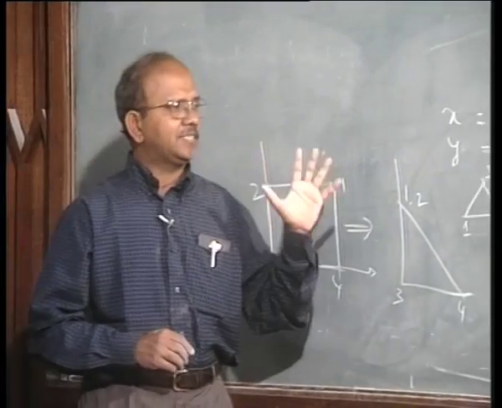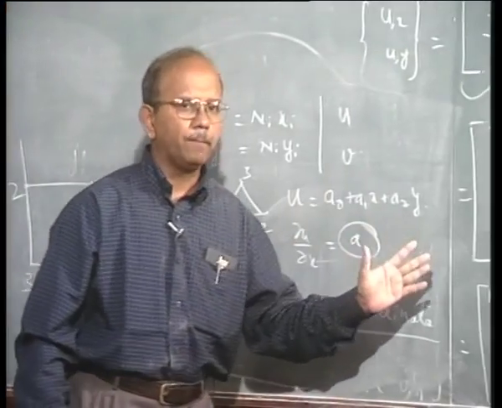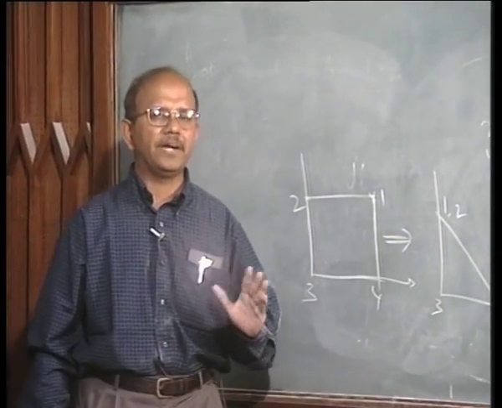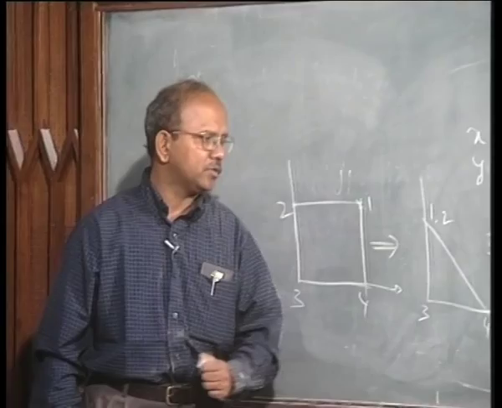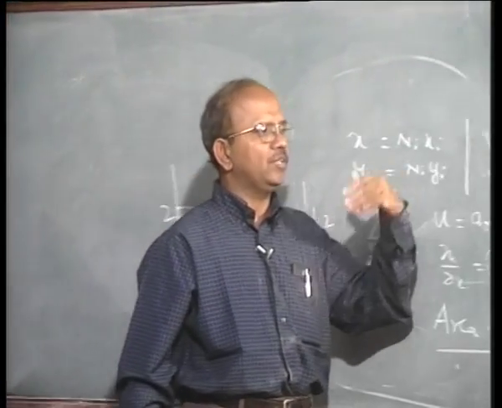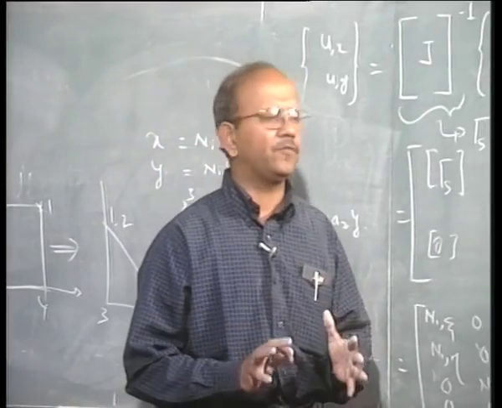So our next exercise is to complete the triangular element by collapsing and get into these area coordinates, and then extend this whole exercise to a higher order element, which is not very difficult.